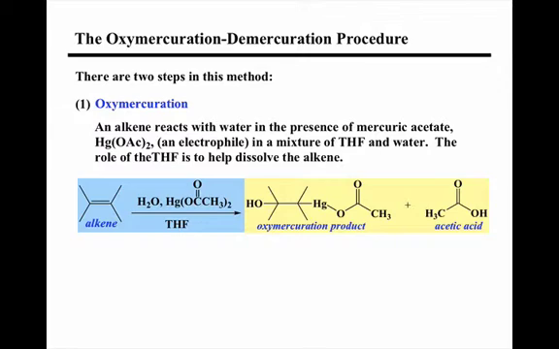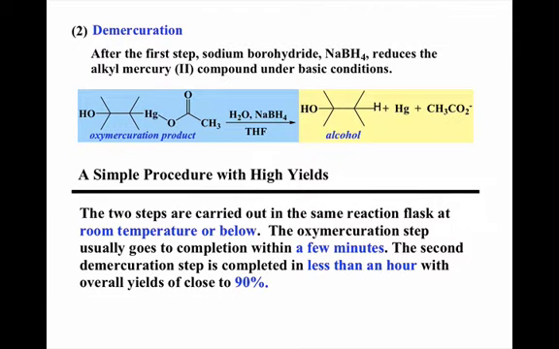Is that an alcohol? Have we added water formally across the carbon-carbon double bond yet? No. What do we have to do? We've already got the OH on there, right? We've got to replace the mercury with what? With a simple hydrogen. That's all we have to do, right? So the second step is known as the demercuration step.